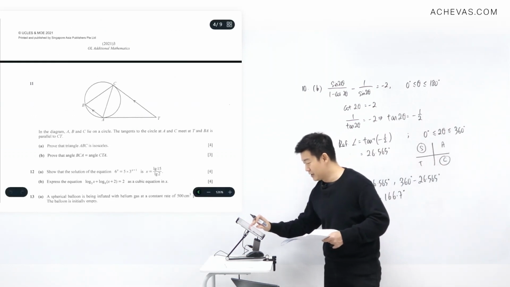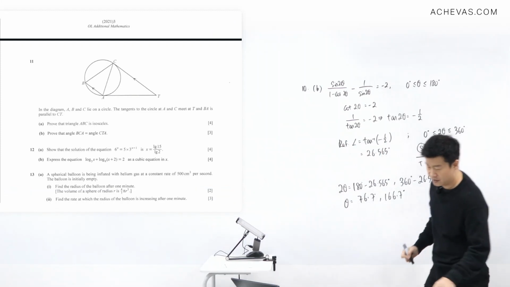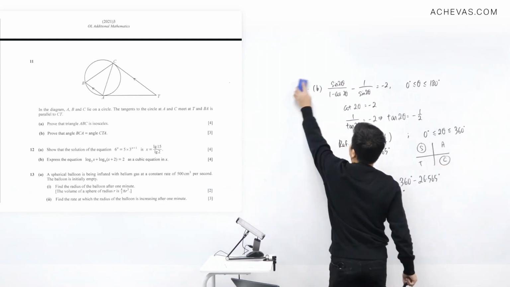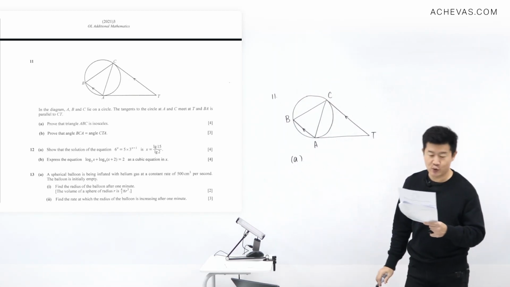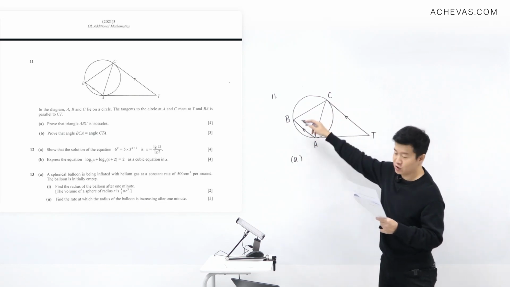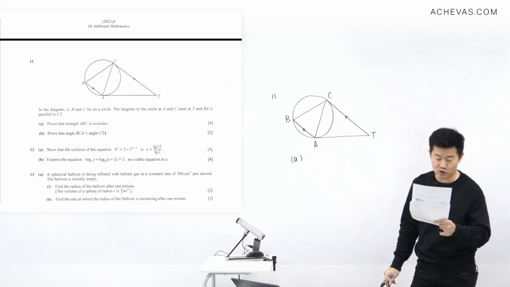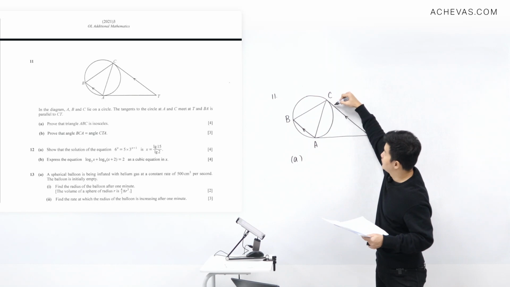Question number 11. Prove in plane geometry question. So question number 11A, we are supposed to prove that the triangle ABC, this triangle here, is an isosceles triangle. The first thing that I'm going to do is to look at this angle here.